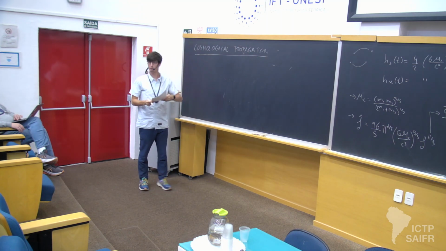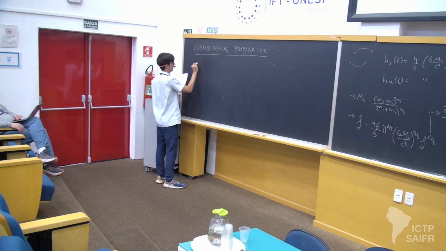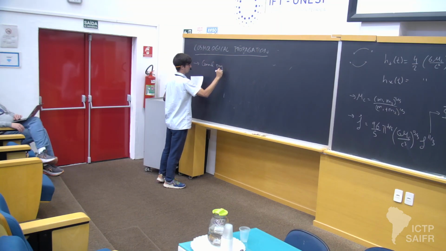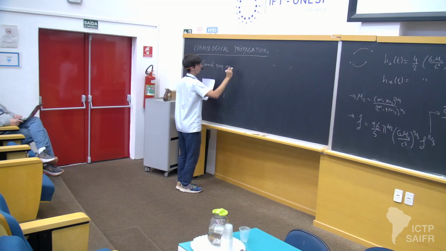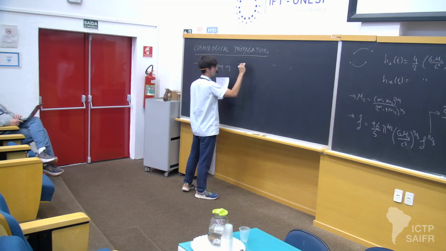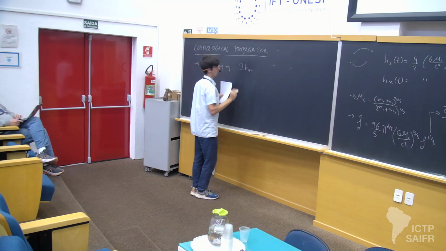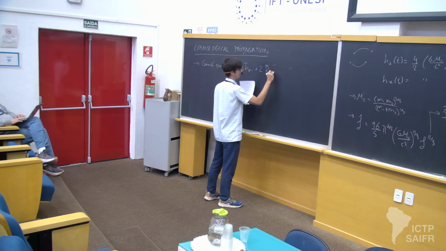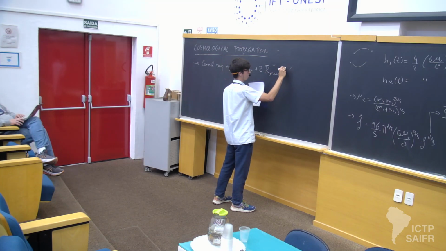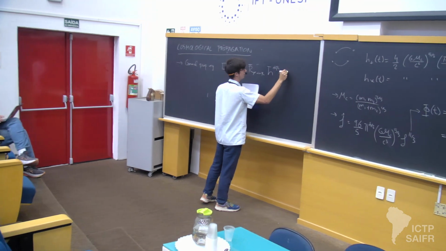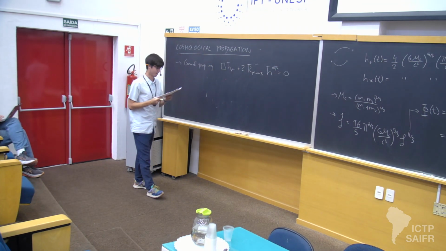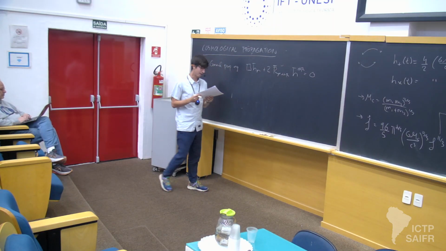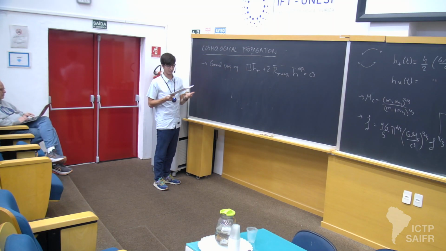And this relates back to the first lecture, in which we derived that the general propagation equation was given by the D'Alembertian of the background metric acting on our metric perturbation, plus 2 times the Riemann tensor of the background metric coupled to the metric perturbation.